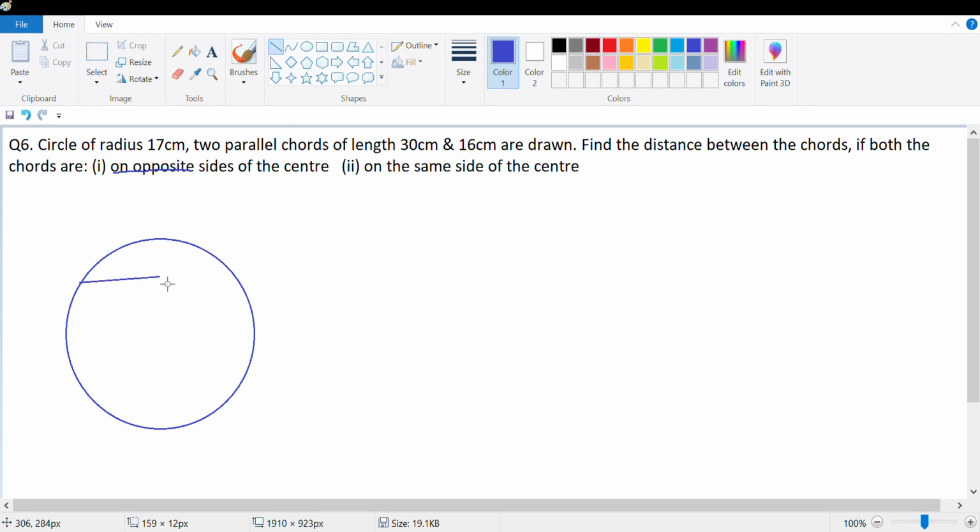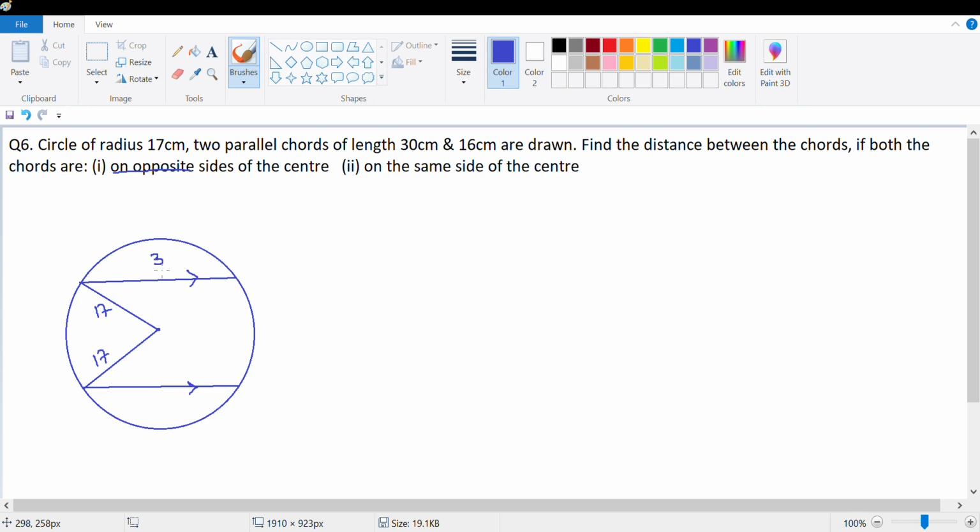So this is chord 1, this is chord 2, this is the center of the circle. Radius of the circle is 17 centimeter, which means this is 17, this is also 17, 17 and 17. Next, these are parallel as well, which means this is parallel to this, 30 and 16.